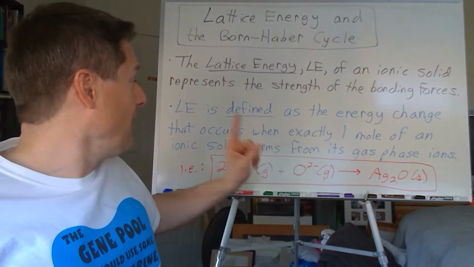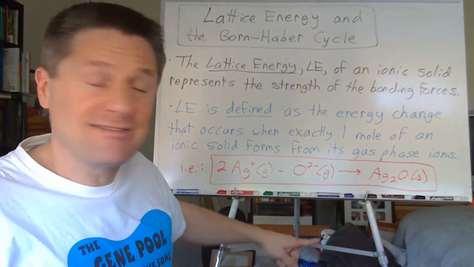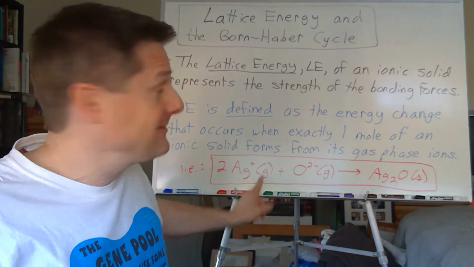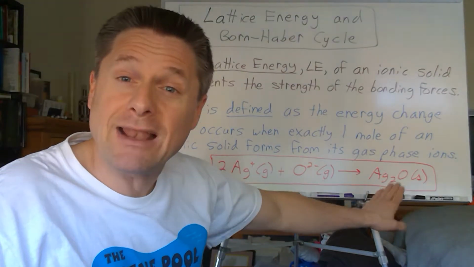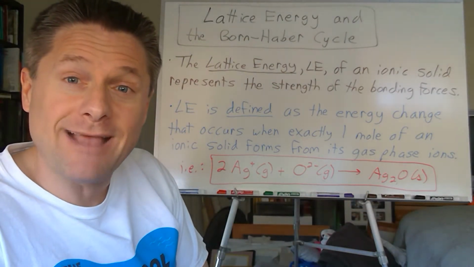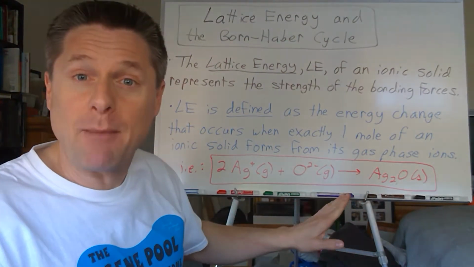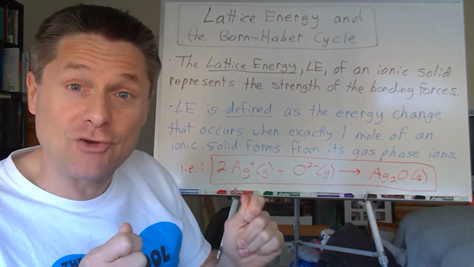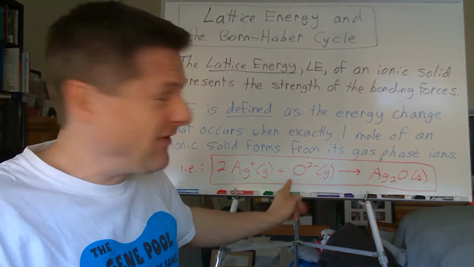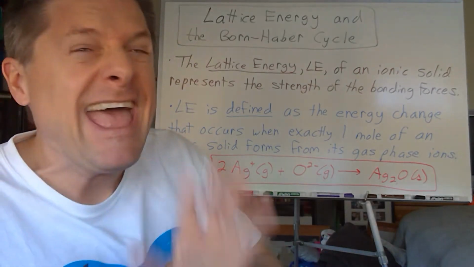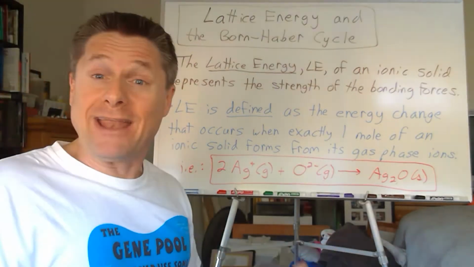You're doing it from the ions in the gas phase. So if you have the cation in the gas phase and the anion in the gas phase with the proper coefficients to form exactly 1 mole of that particular ionic solid, that energy change for that process is called the lattice energy. Not easy to do in lab, to get these ions in the gas phase and then do that. So experimentally, not so nice, but theoretically, it's great.